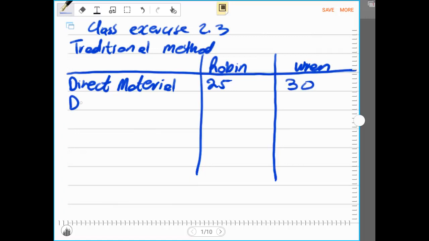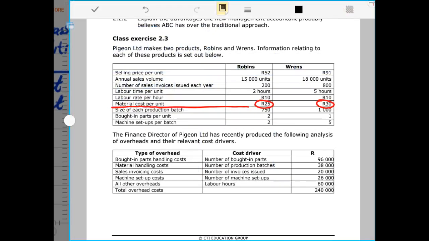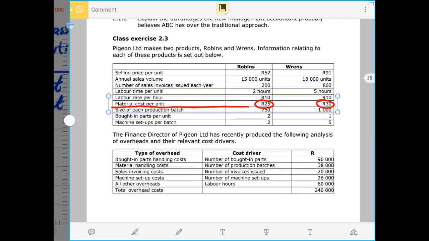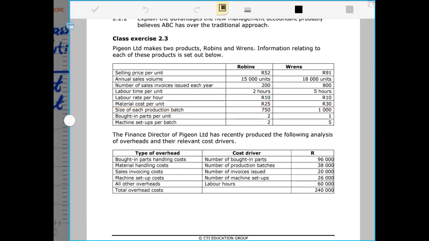Then we need direct labor cost. Our direct labor cost we have to calculate using our rate per hour and the number of hours it takes to complete 1 unit. We know that our employees are paid 10 rand per hour in producing both products. And we know that it takes 2 hours to complete a unit of Robin, and it takes 5 hours to complete a unit of Wren.